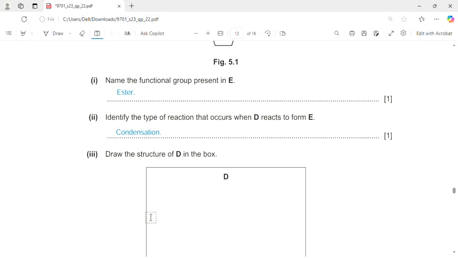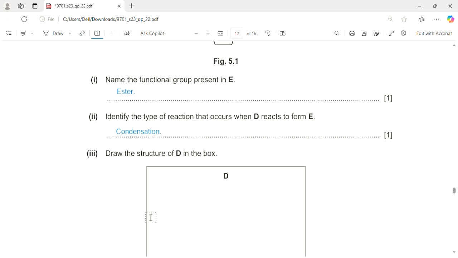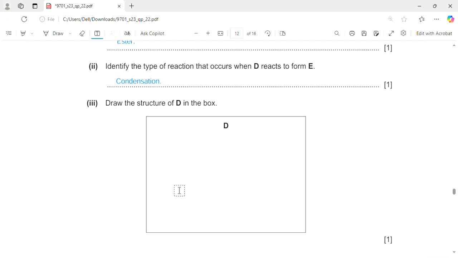Draw the structure of D. D must contain an alcohol and a carboxylic acid group. So we must draw the 5 carbons again: 1, 2, 3, 4, 5.